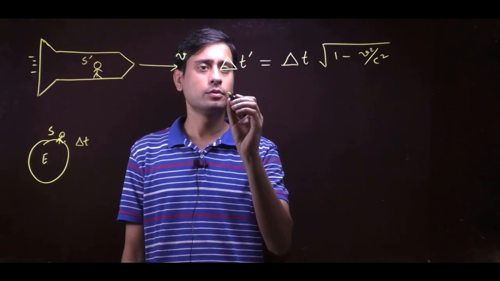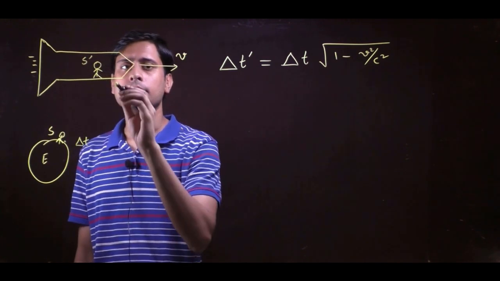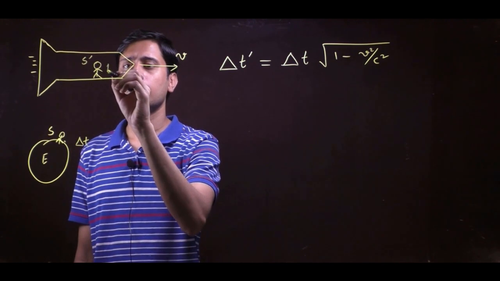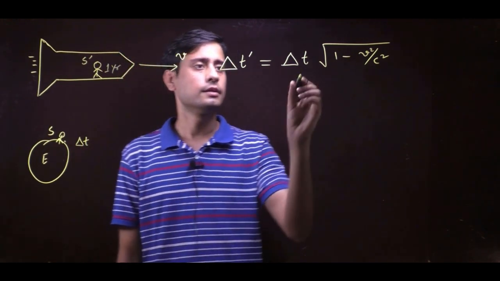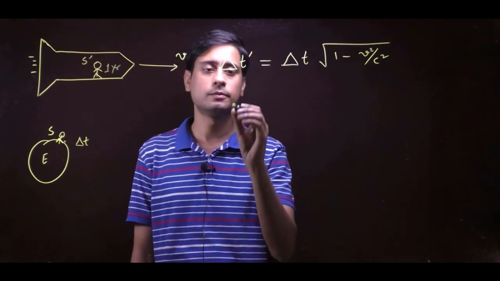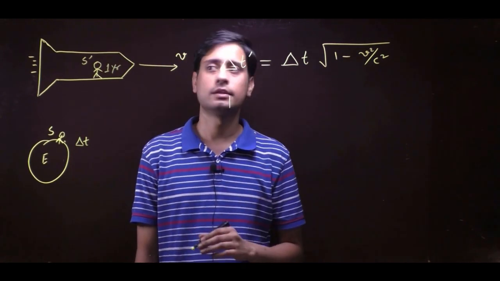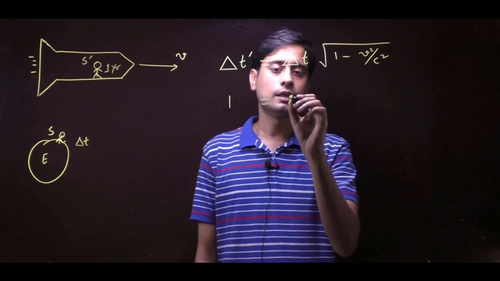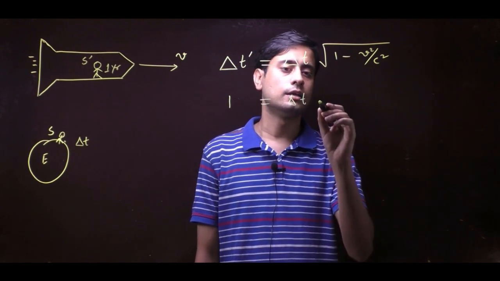Assume that you are in the spaceship for a period of 1 year. So delta t prime is 1 year because it is in the spaceship. We are taking the units here as 1 year. So delta t prime is 1 year, and we want to calculate this delta t.